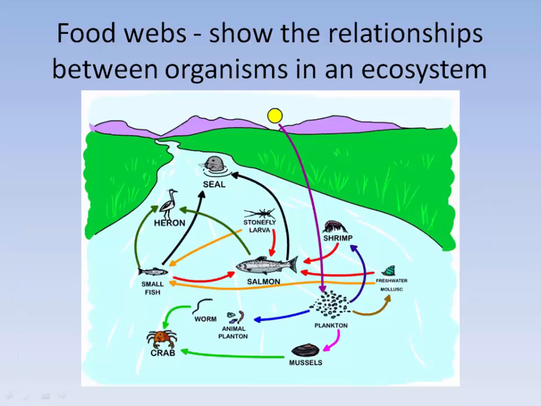Now, a food web shows the relationship between organisms in an ecosystem. It shows who gets their energy from whom. It's basically a collection of food chains that show the energy flow through the entire ecosystem. So let's look at this one.